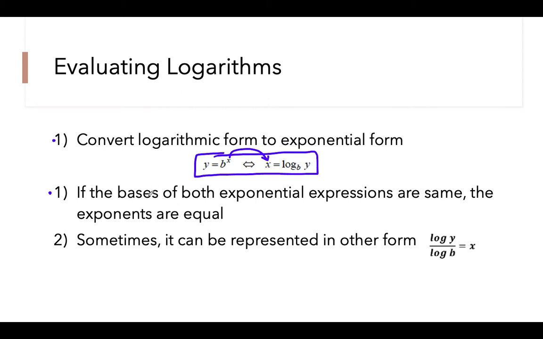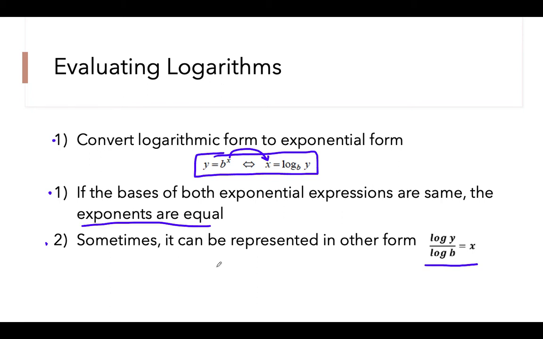Next, if the bases of both exponential expressions are the same, then the exponents are equal. So you can equate the exponents if the bases are the same. After, sometimes it can be represented in another form, which looks like this.